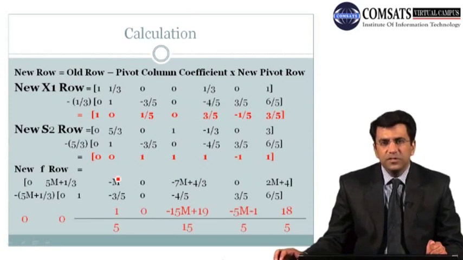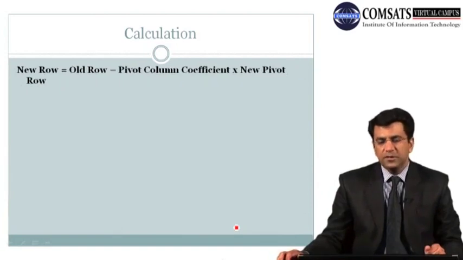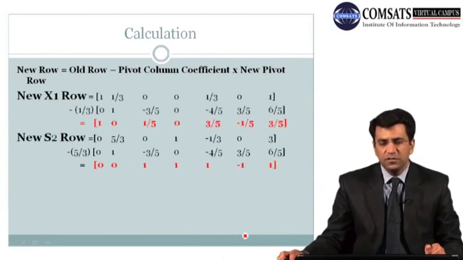So class, you must now be well aware of the different values, how we can compute all of these rows. Okay class, in this way, by using the other formula for rows other than the pivot row, we'll have to compute all the other rows, that is the new x1 row, new s2 row and new f row.